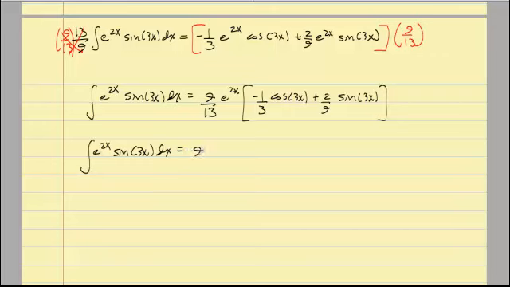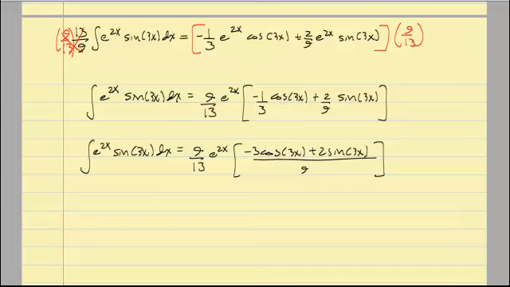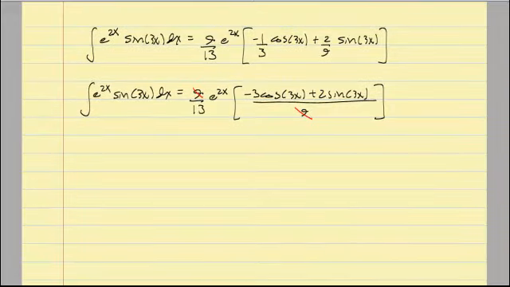And for this solution, after I find that common denominator, the common denominator would be 9. I'd have a negative 3 cosine of 3x plus 2 sine of 3x all over 9. And then, this is kind of slick, these 9's cancel. You can only cancel factors, so those are canceling out.